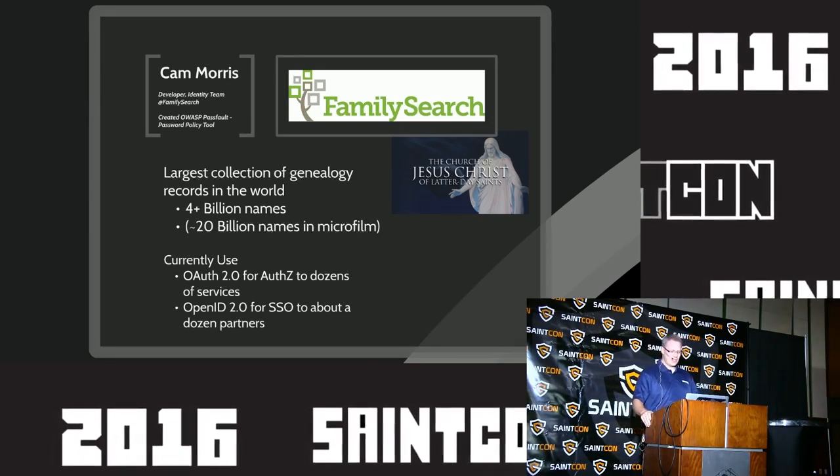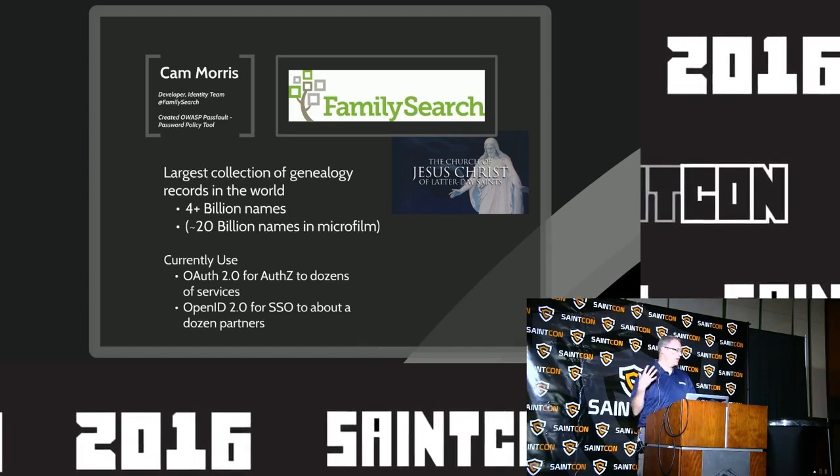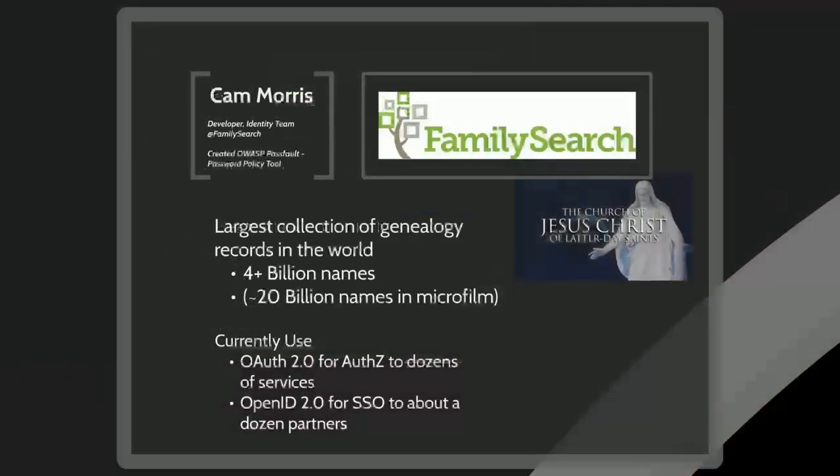Family Search is the largest collection of genealogy records in the world. We have 4 billion names indexed, but we have so many records that we're estimating we're about 20 billion names still to go. We're acquiring and making deals with lots of different organizations and countries, and that number keeps getting bigger and bigger.